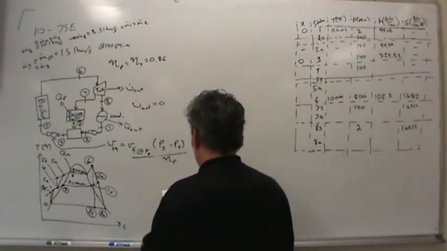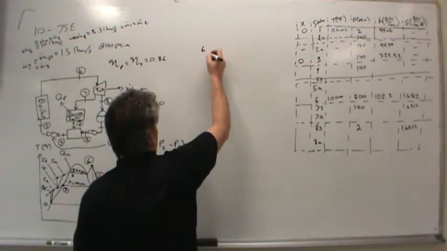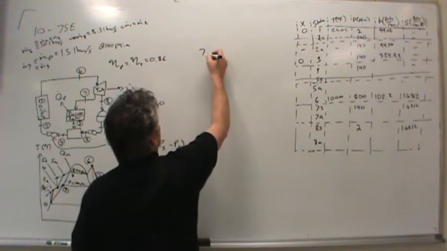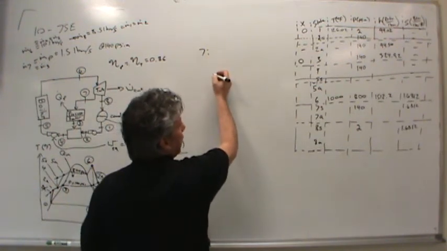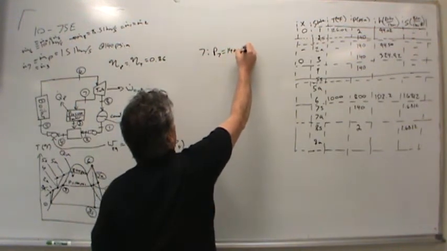Well, we can. That's really not so bad. For state 7, we know that the pressure in state 7 is 140 psia.